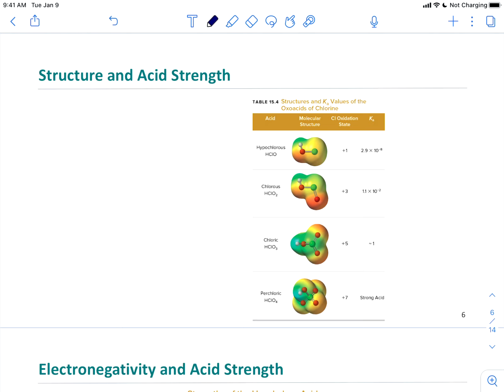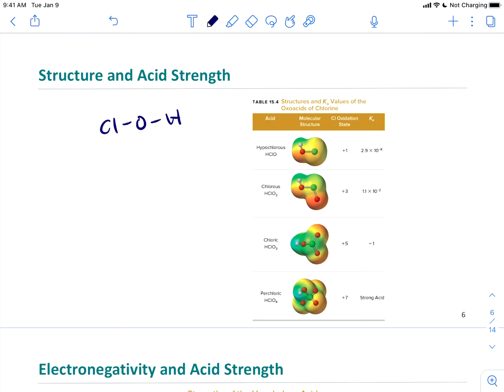If the species left behind is very stable, it's easier for the hydrogen to leave. If it produces a very unstable species, it's not going to be very easy for the hydrogen to leave. Okay, with these here, I should tell you that in this case, the hydrogen is always attached to the oxygen. That's not shown here.